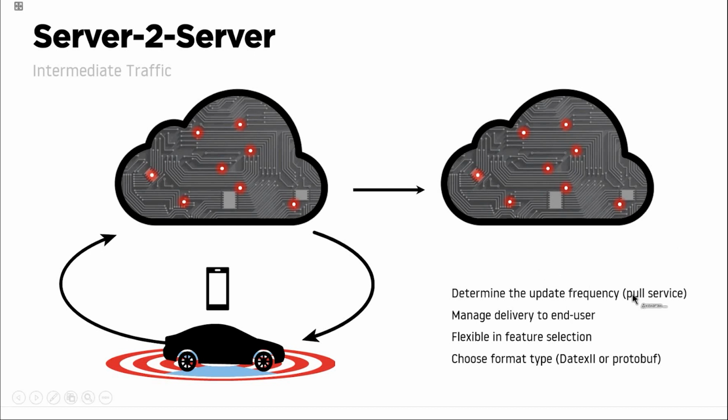It's a pull service, and the customers can pull the feed, the update, every minute. And we deliver also in DataX2 or protobuf. This is the data format. But the important message is our server-to-server delivery: from the probe data comes to the TomTom server, and then from the TomTom server to another server.